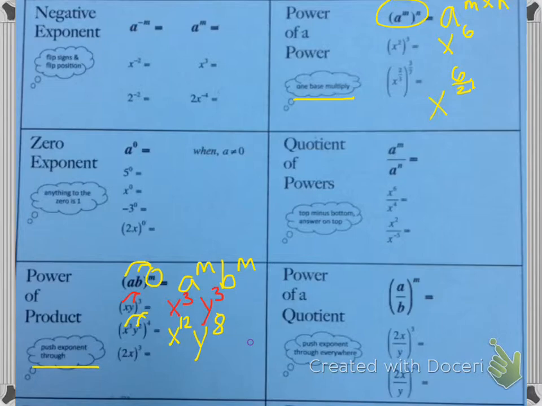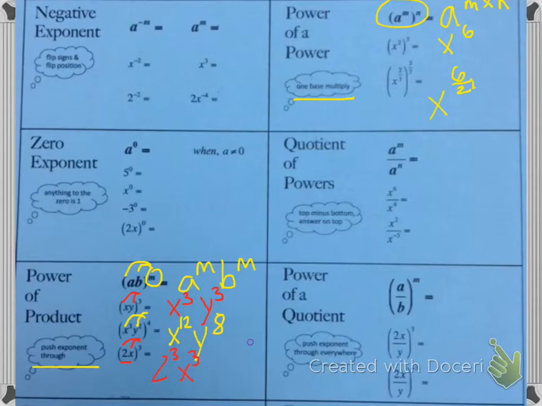Okay, last one. Now if you look at this one, I have 2 bases. 2 is a base, x is a base. So I'm still going to distribute it to every base. 2 to the third power, x to the third power.